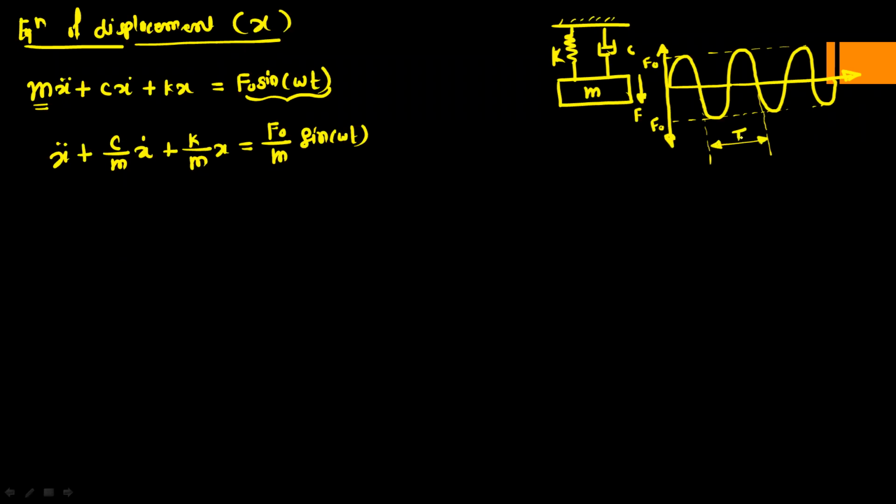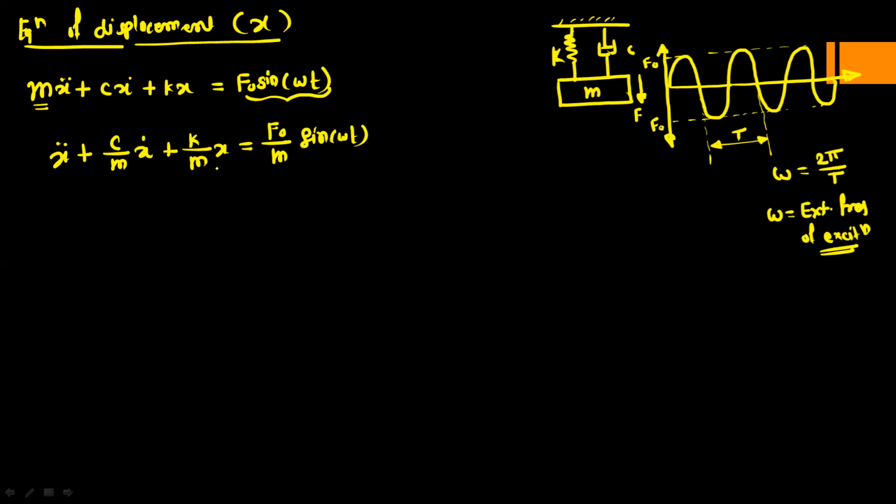So from this time period, we can find out the frequency: omega is equal to 2 pi upon T. So omega is the external frequency of excitation. Okay, so it is the frequency with which the force is changing its direction.